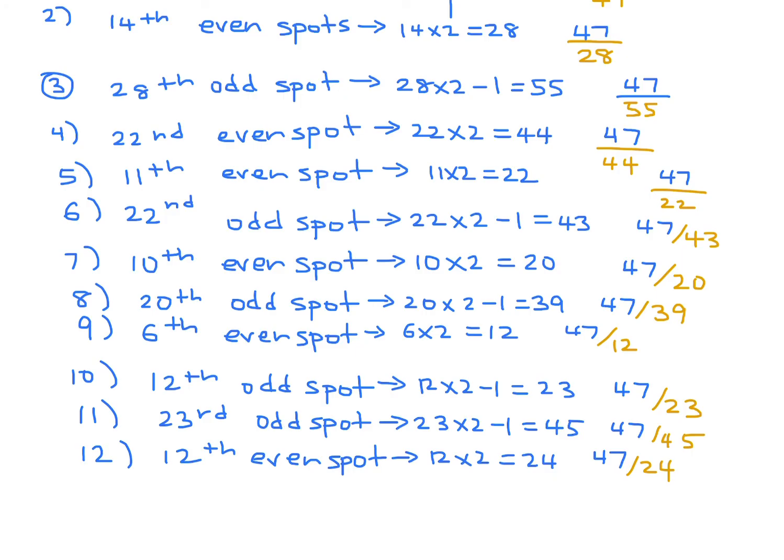Let's just do one more to see what happens. If we do the 13th, it would be the 24th odd spot. And that is 24 times 2 minus 1, which is 47. So the number 47 would be this time in position 47. So basically right back where we started.